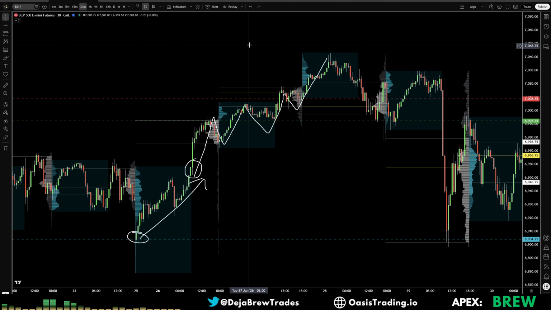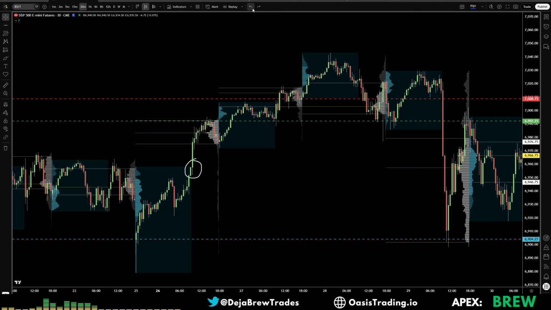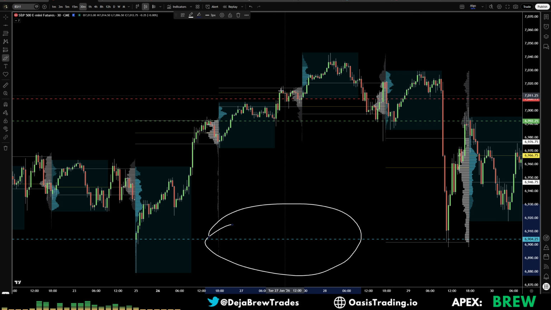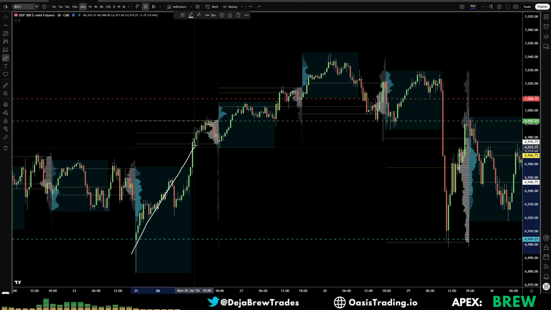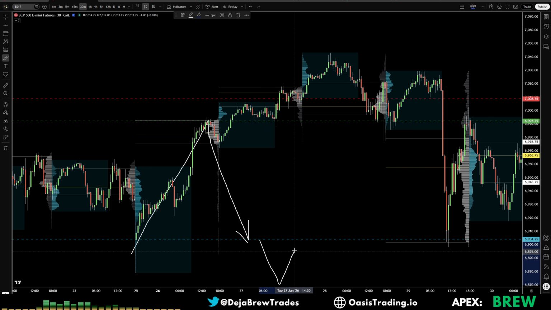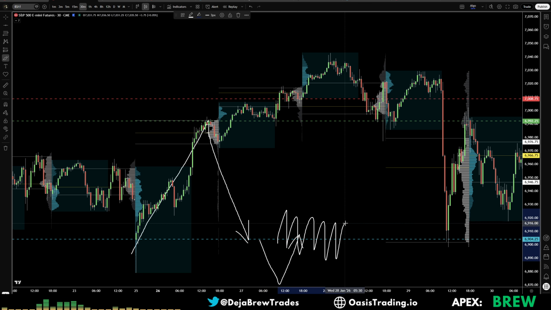So Monday and Tuesday leading into the FOMC, we really want to see price action hanging out around that weekly open. If it pushes heavily away from it to the upside, we want to see a pullback. If it goes to the downside, we want to see a pullback, right? We want to see price relatively close to that weekly open.